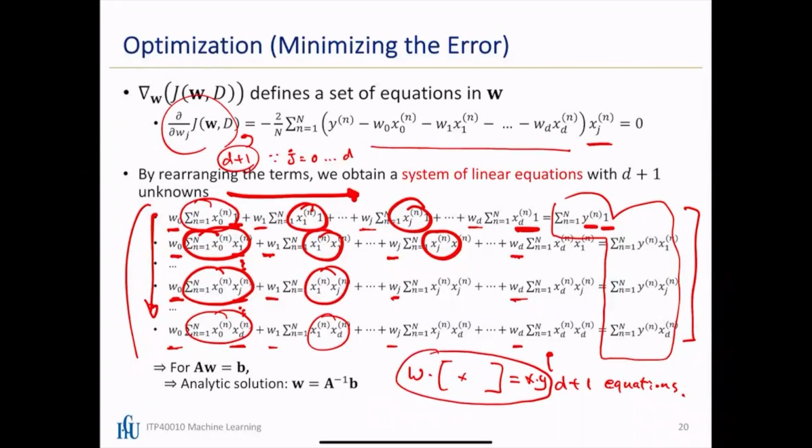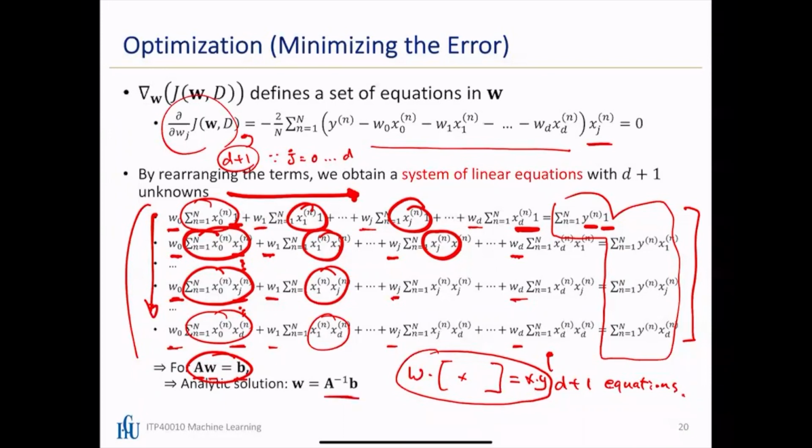Earlier we talked about matrix multiplication. In shorthand notation, A multiplied by W equals B. And solving this equation is not difficult, because we can take the inverse of matrix A and bring it to the other side.